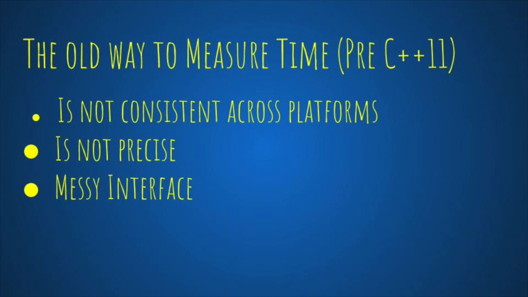The other problem with this older approach is that it's not always precise. The type of time, whether it's monotonic or just a regular calendar clock, is not guaranteed. So it existed for when it was needed, but it's not a reliable method going forward. Next I'm going to show you what the modern way to measure your code in C++ is.